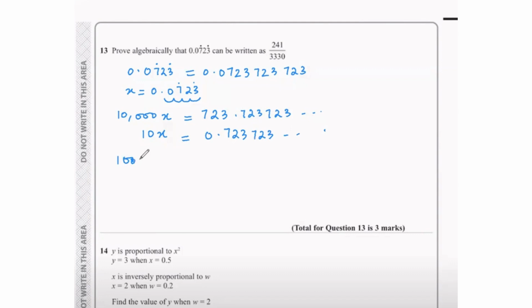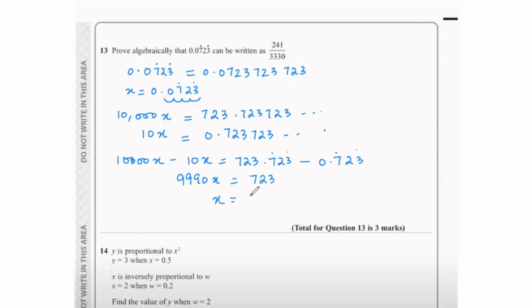So if we subtract 10x from 10,000x, 723.723 minus 0.723, as you can see, 10,000x minus 10x is 9,990x. When you subtract these two, we get rid of the digits after the decimal. So that's going to be 723.